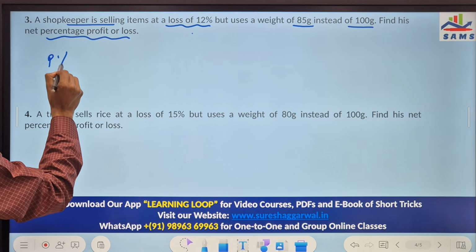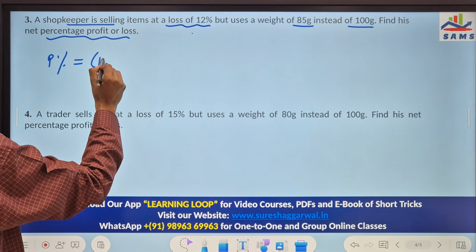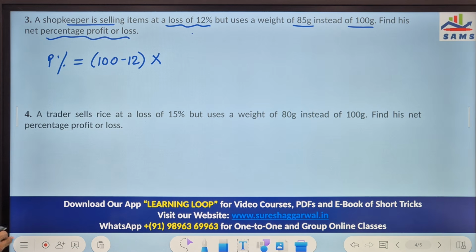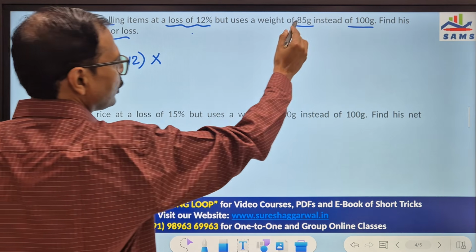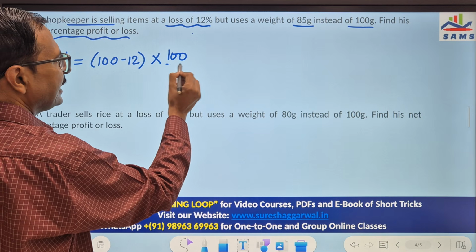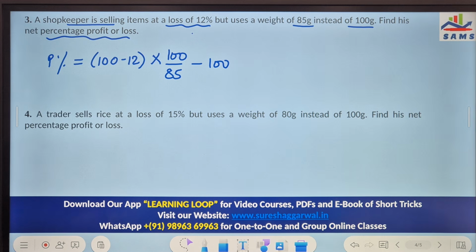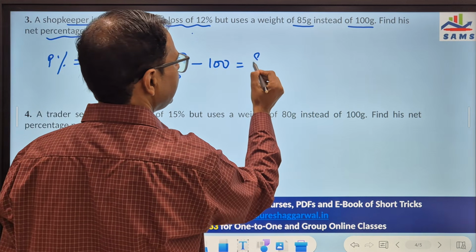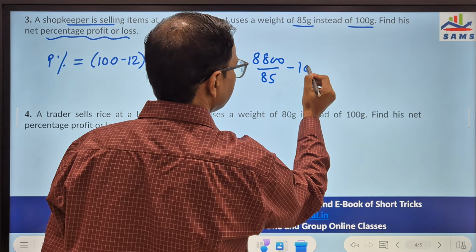So profit percent will be, I told you, 100 minus loss percent. So 100 minus 12, this will be the multiplier, and then actual weight upon false weight. So we have to take 100 grams upon 85 grams like this and subtract 100 from the result to get to the answer. So this will give me 88 times 100, that is 8800 divided by 85, minus 100.